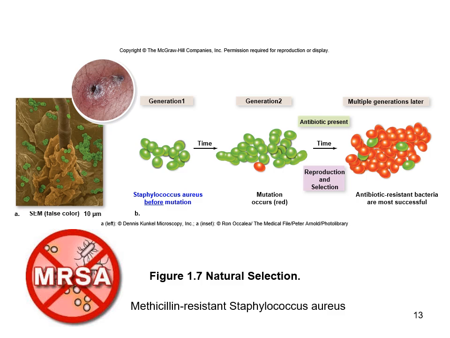The answer is no. The reason for that is because the environments that we are in are constantly changing. And as the environment changes, the adaptations that are favorable one time can become unfavorable as the environment alters as well. So there's this constant struggle of which adaptation is favorable and what natural selection will lean towards.